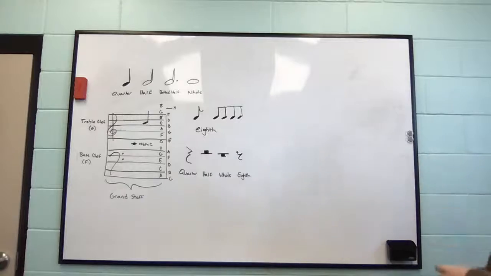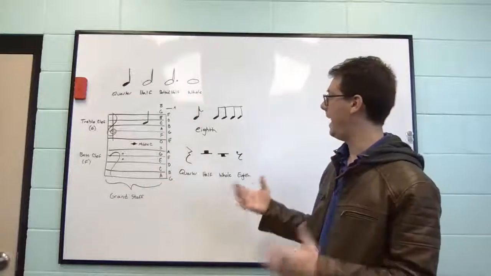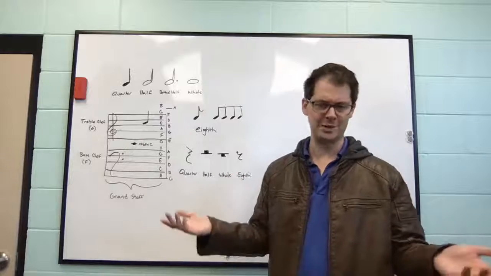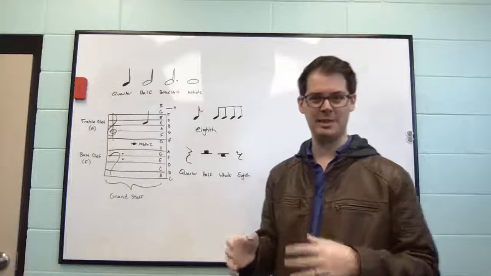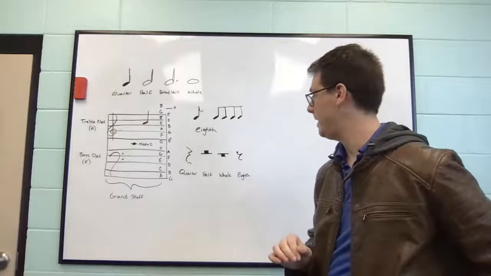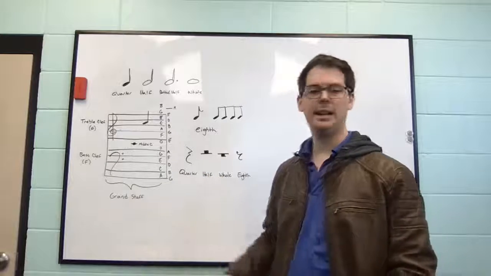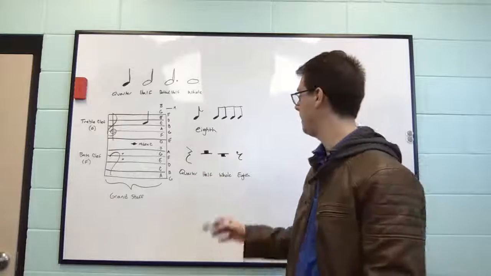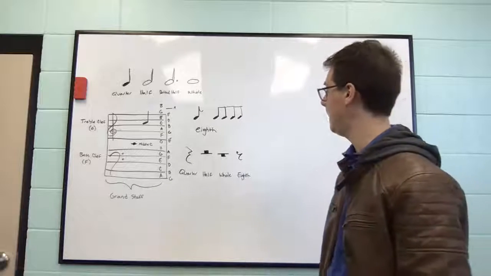Now, you also might be wondering, well, is there not a dotted half rest? There's actually not. Generally, if you would see that in a piece of music, if it wanted you to wait 3 beats, you would just see a half rest and a quarter rest. So that would be normally what you'd see if it wanted you to wait for 3 beats. Okay?